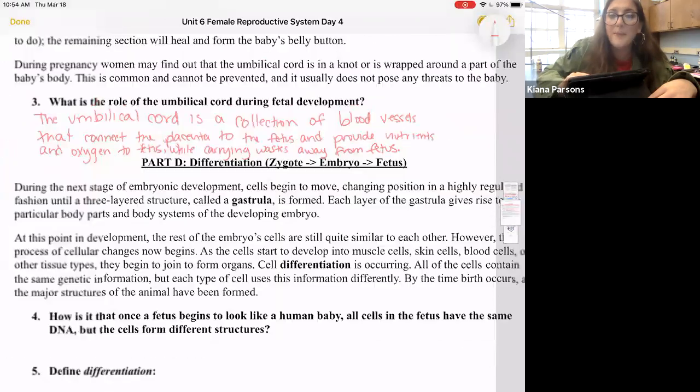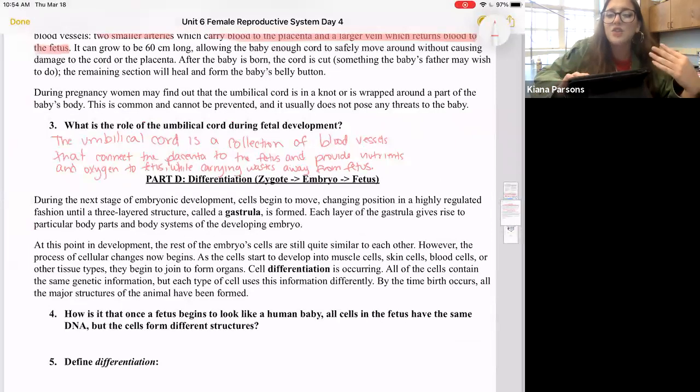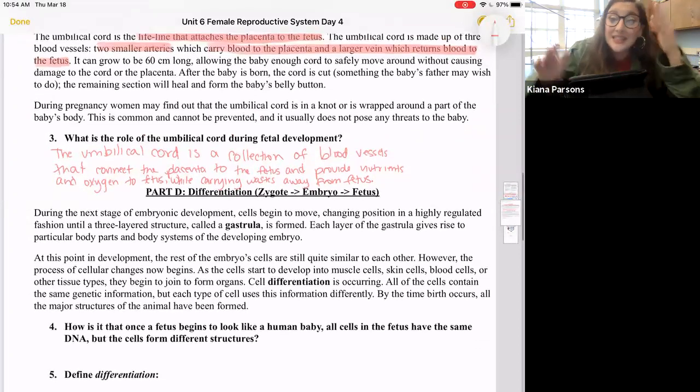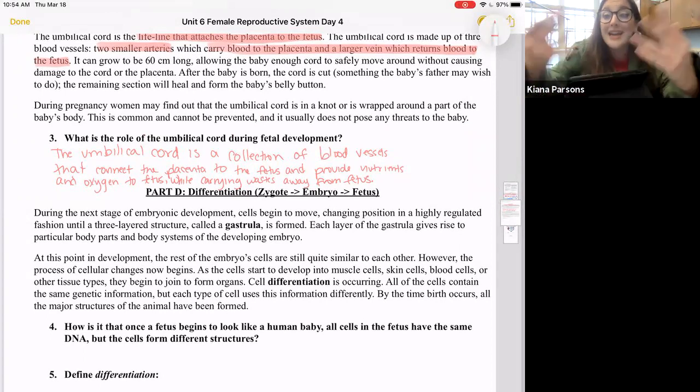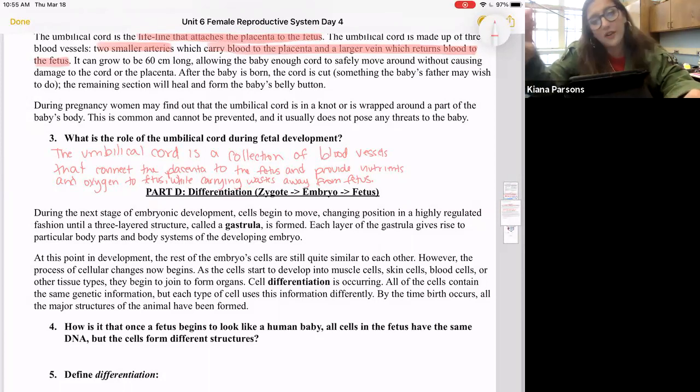So these are the blood vessels that serve the same role as the placenta, right? The placenta has the collection of capillaries that allow these blood supplies to not mix, just like our capillary beds do in the rest of our bodies. And then the larger blood vessels in the umbilical cord carry the maternal blood to the fetus and carry the fetal blood away from the fetus back into the mother's blood supply.